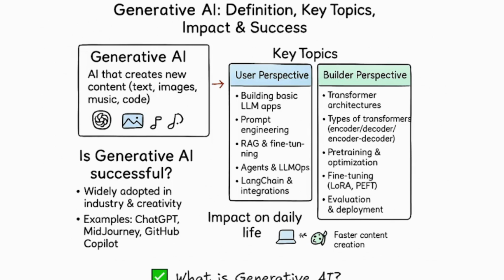Pretraining and optimization: AI learns languages and patterns from huge datasets. Example: GPT-3 trained on billions of tokens to understand grammar, facts, and context. Pre-training is like teaching a student the basics before specialization.